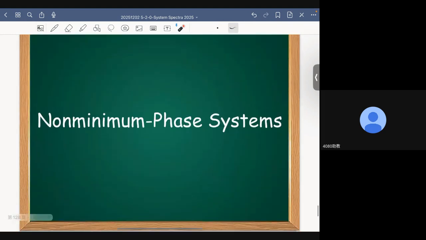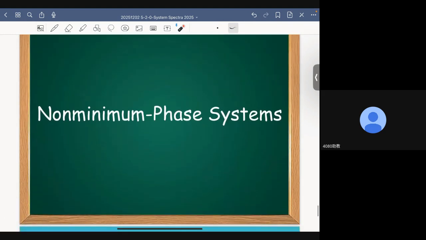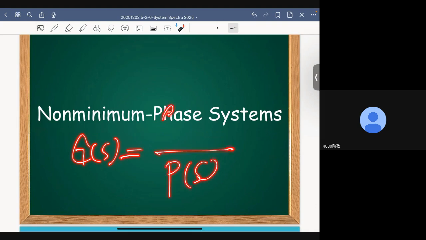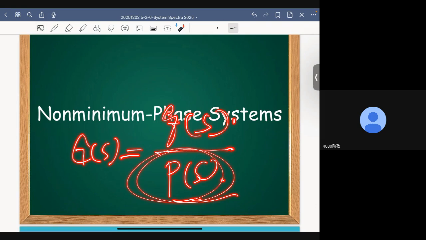All right, let's switch our attention to another very special kind of system, which we call non-minimum phase systems. Now, we know a transfer function is usually represented as a ratio of two polynomials. The denominator polynomial gives the characteristic equation, and the roots of the characteristic equation are the poles of the system.